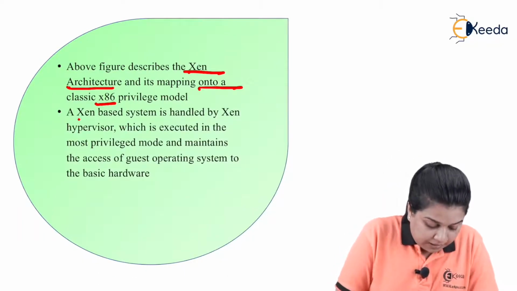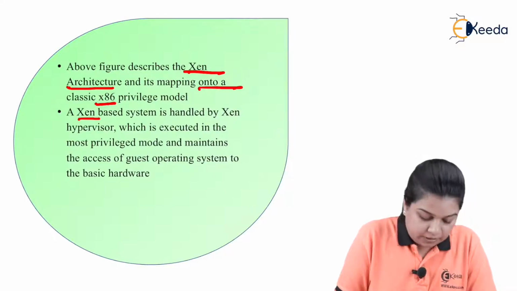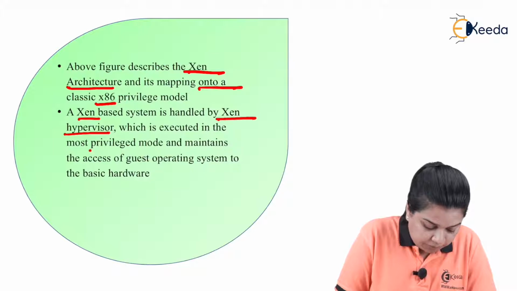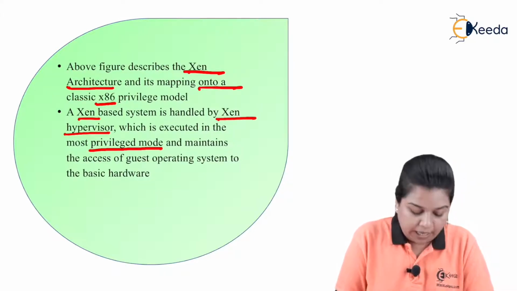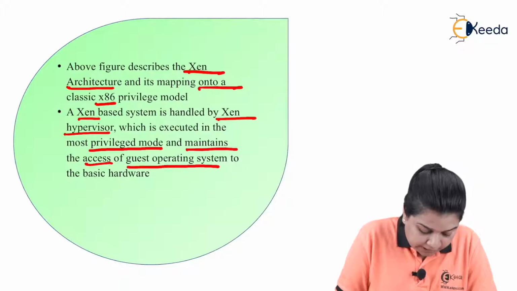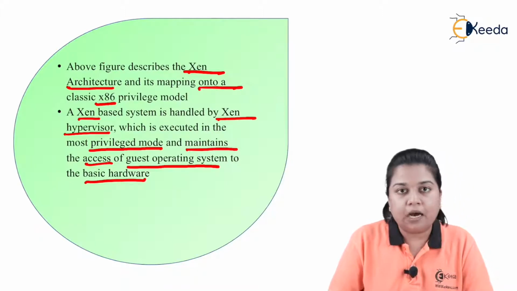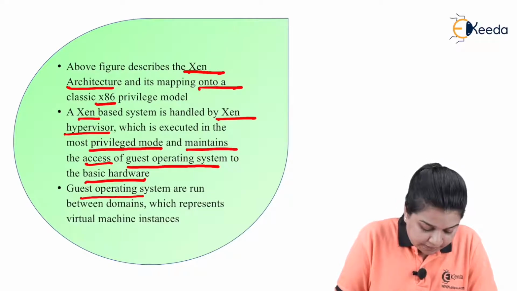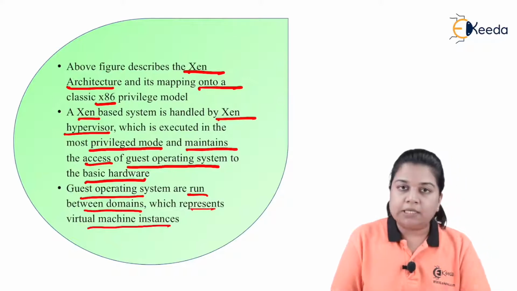See, the Xen based system is handled by the Xen hypervisor, which is executed in the most privileged mode, and it maintains the access of the guest operating system to the basic hardware. Guest operating systems are run between domains, which represent virtual machine instances.